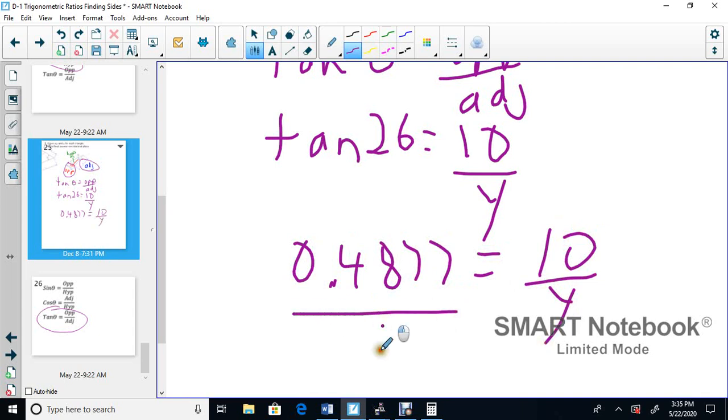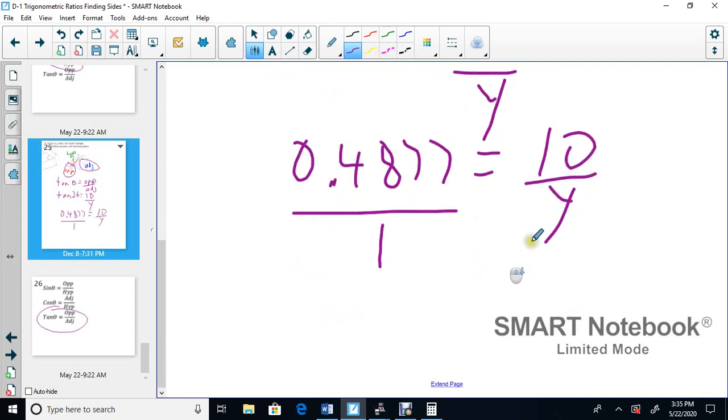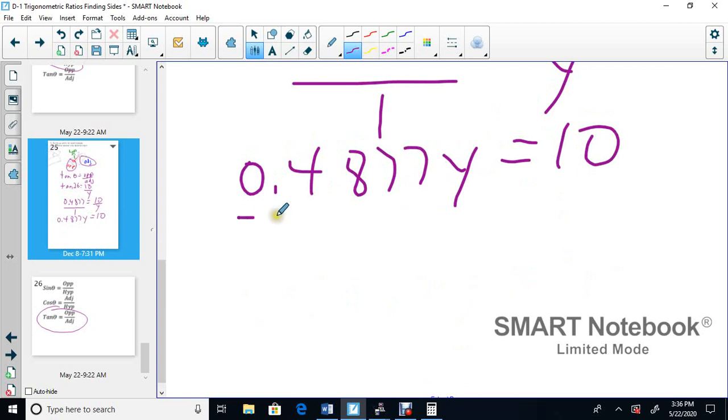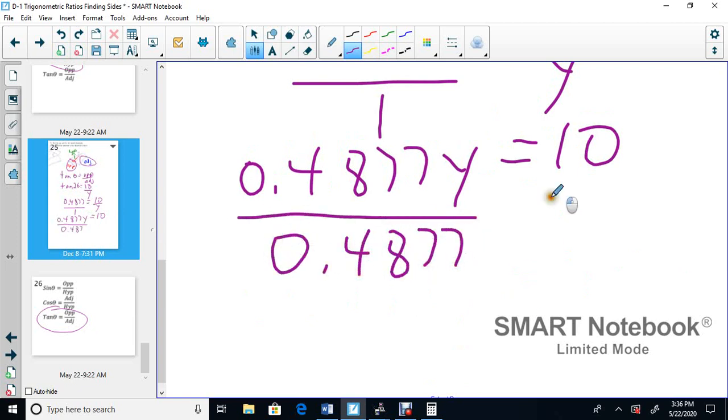So 0.4877 equals 10 over y. Put it over 1. Cross multiply. So 0.4877y equals 10. Last step, divide by what's in front of the y, 0.4877.